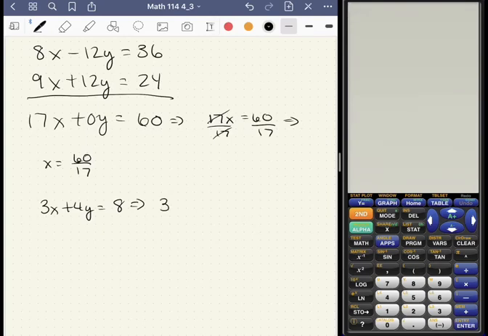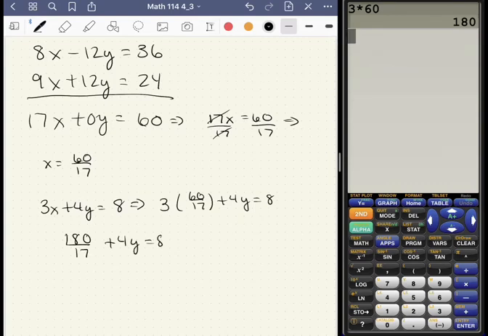Then I have 3 times the value of x, which is 60 over 17, plus 4y is equal to 8. 3 times 60 is 180 over 17 plus 4y is equal to 8. Subtract 180 over 17 from both sides. This cancels that.